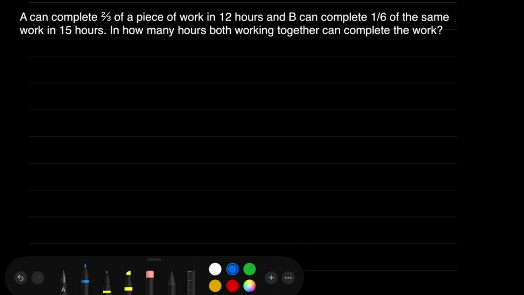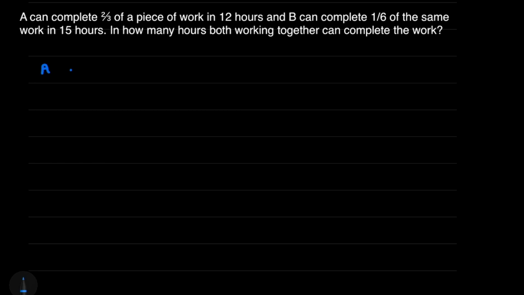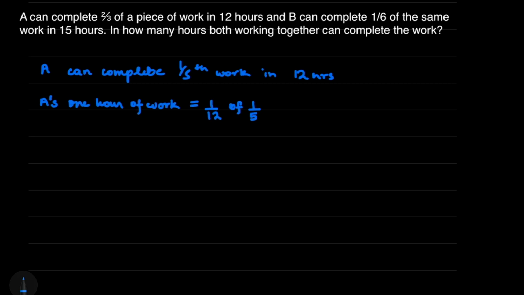Okay, so let's first calculate how long it takes for A to complete the entire piece of work. It says that A can complete 2/3 of the work in 12 hours. So A's 1 hour of work is calculated as 1/12 of 2/3, and that comes out to be 1 by 12 into 2 by 3, which is equal to 1 by 18.